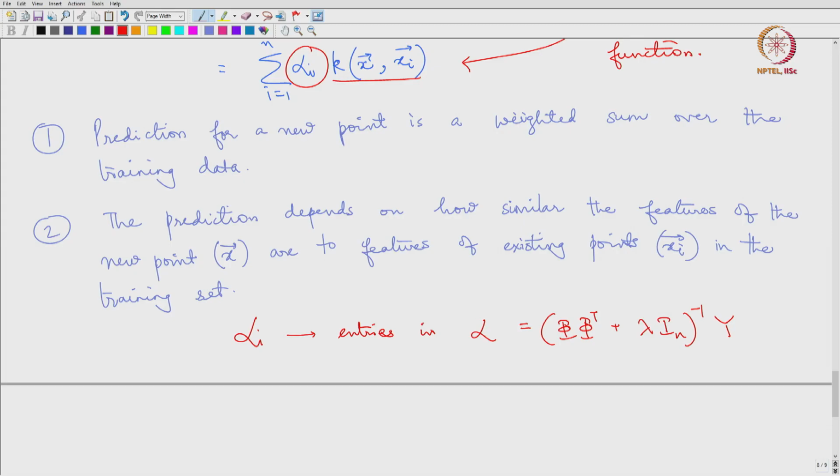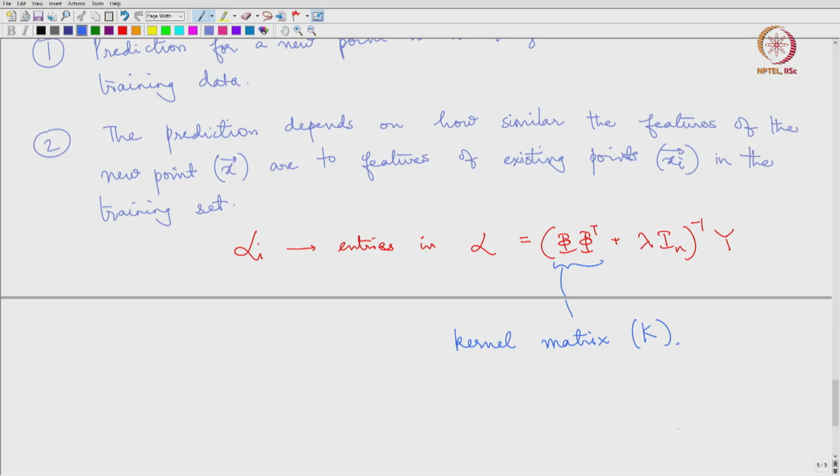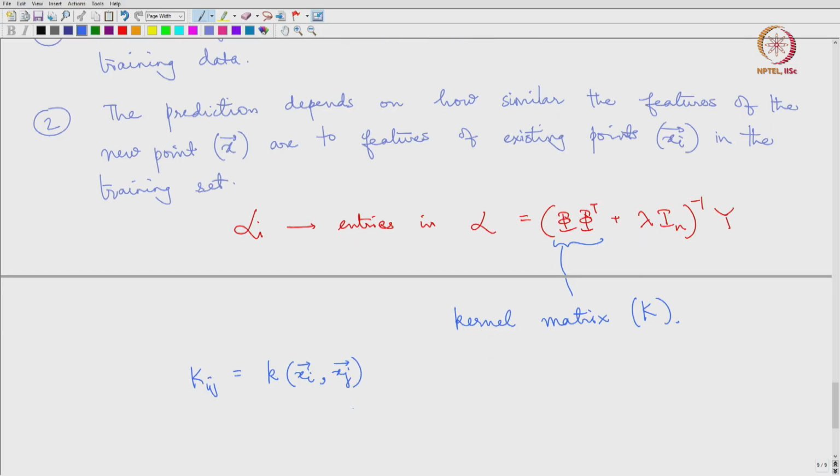So like I had said earlier a little while ago, this phi transpose is interpreted as the kernel matrix, which is denoted as capital K. So then the ijth entry of the kernel matrix is essentially a kernel function, right, applied on x_i and x_j. So the features of the ith and the jth points, right.